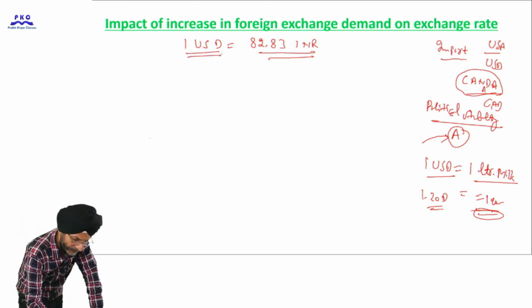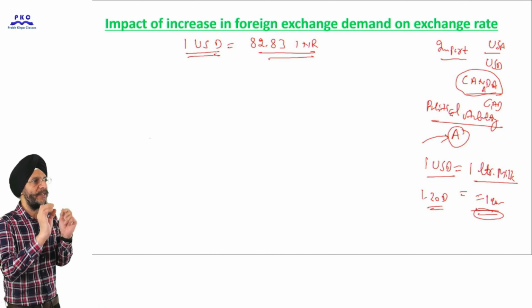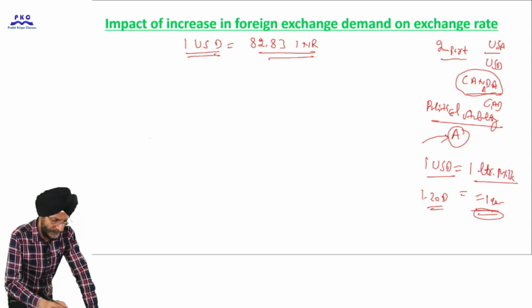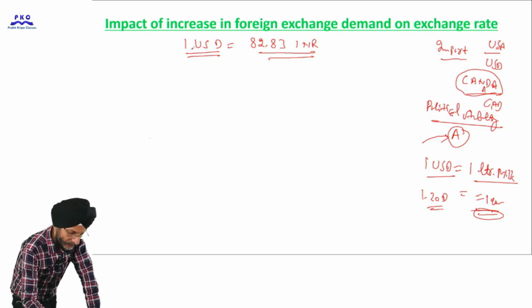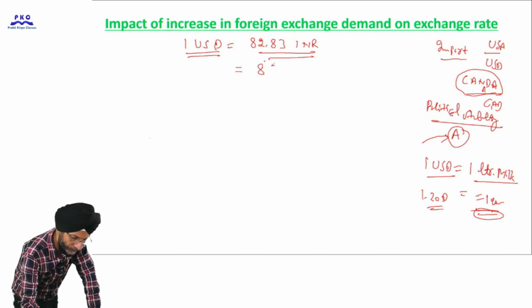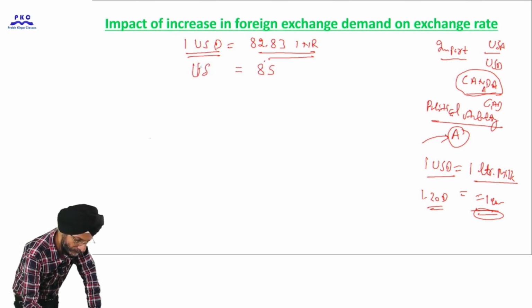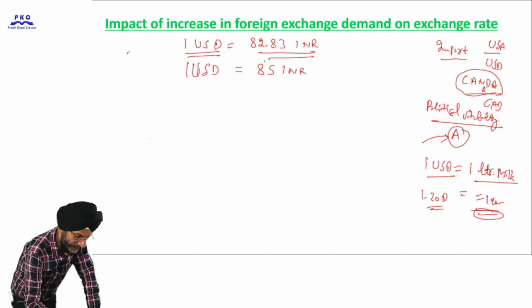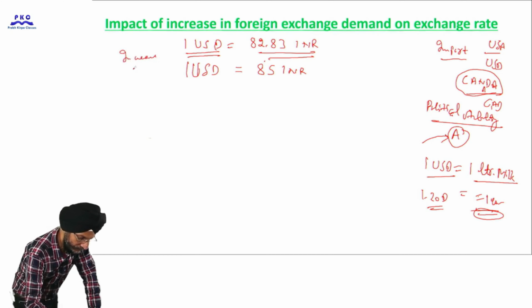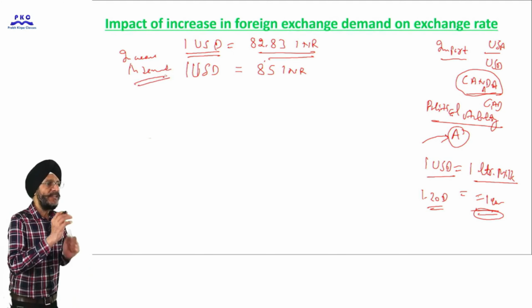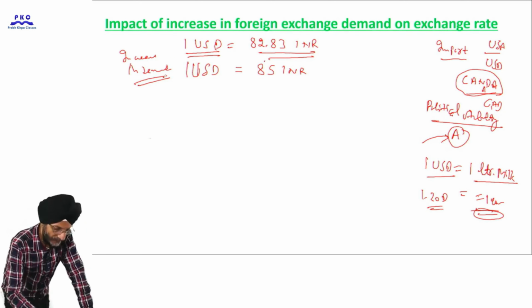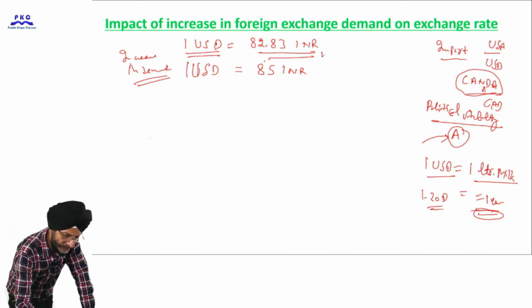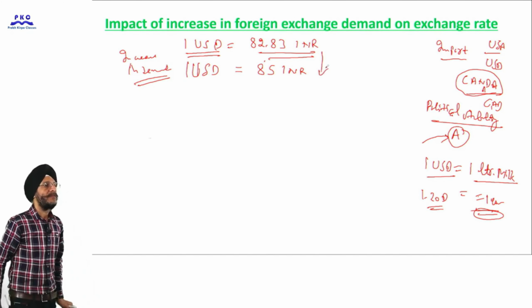Suppose if at present the value of 1 US dollar is equal to 82.83 Indian rupee. If there is increase in the demand of US dollars, what will happen? It may be possible that the value of 1 US dollar will increase to 85, if there is increase in demand. So what has happened? In the case of increase in demand, the value of domestic currency has decreased.